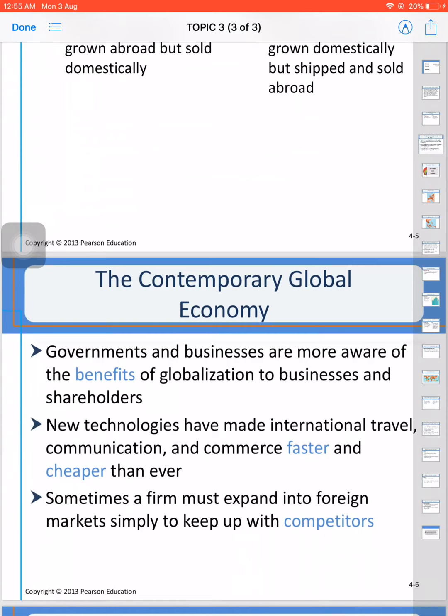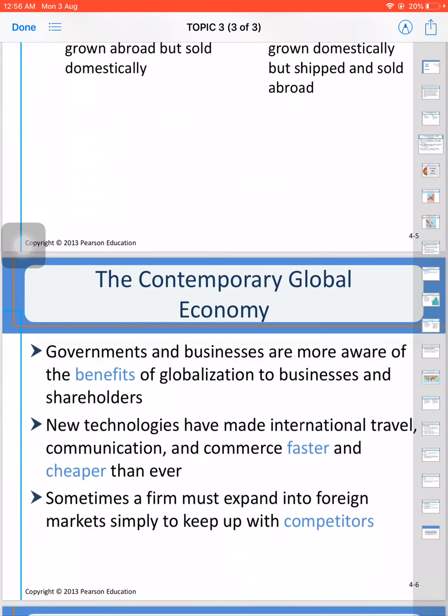For example, international travel: with high technology you can travel everywhere, by plane or by train, from one country to another. And communications: with today's technology you don't need to fly from one country to another, you can just communicate using technology. For example, we use Zoom here. And commerce is faster.